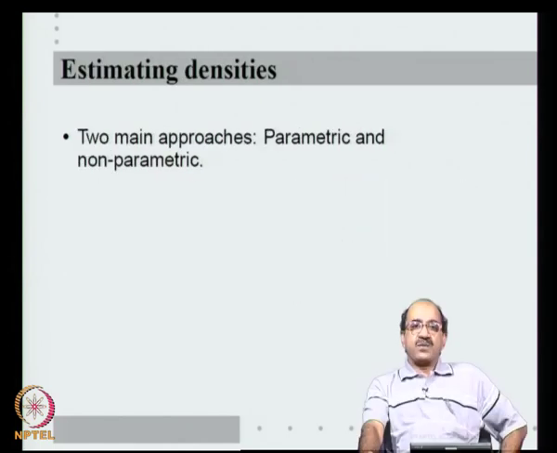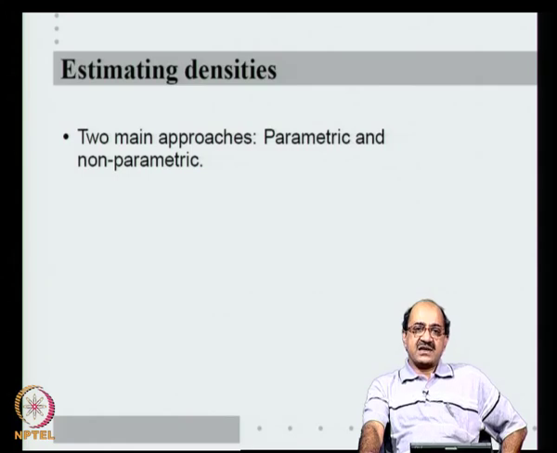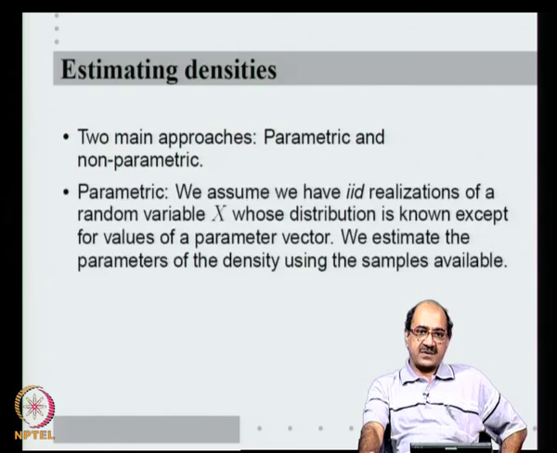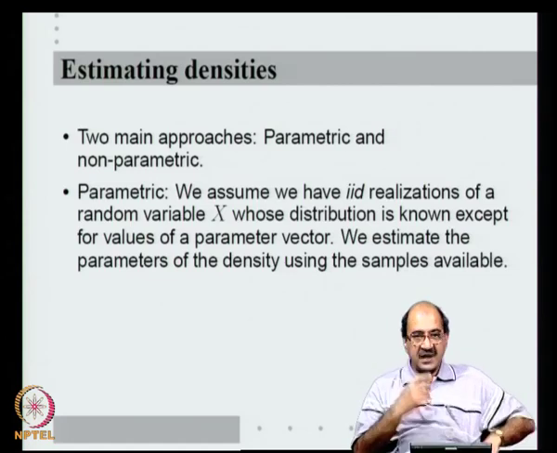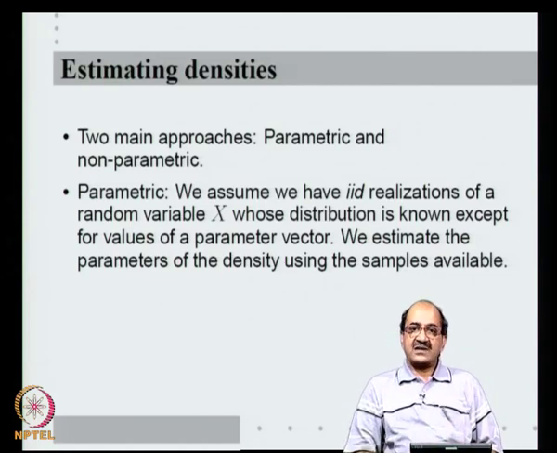So, there are 2 main approaches for estimating a density function from IID samples like this. These are called parametric and non-parametric approaches. What is the parametric approach? I assume that I know the density function except for some parameters. That is, I know that the class conditional density from which I got the samples is normal, but I do not know the mean and variance.